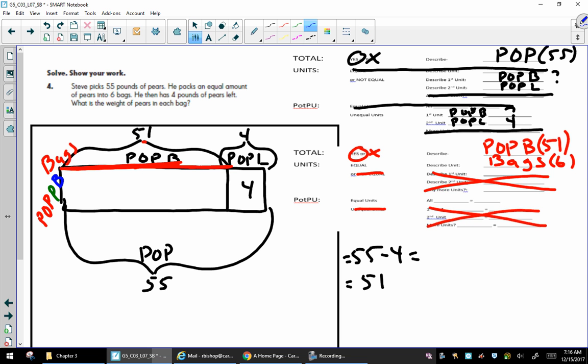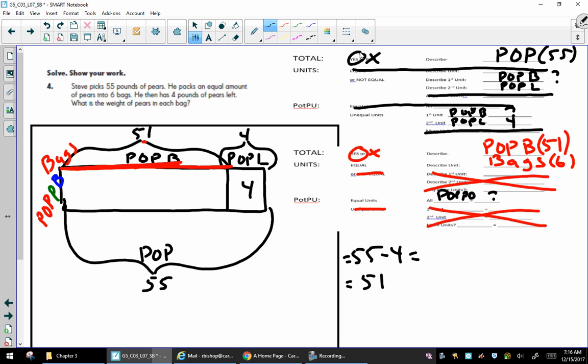Part of pounds of pears per bag. Okay. Now, what I could do from there is we don't know what the pounds of pears per bag is. We're looking for that. We're looking for the pot food.